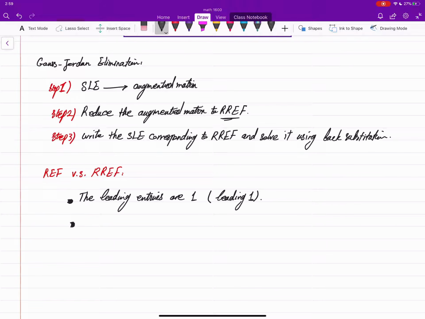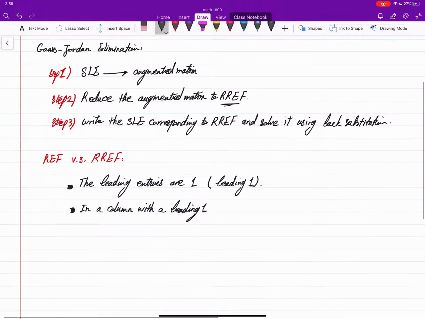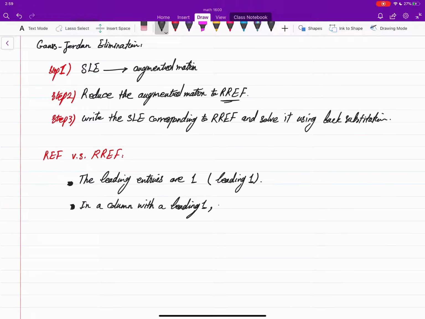In other words, in a column with a leading 1, every other entry is 0. Not only below, but above is also 0.